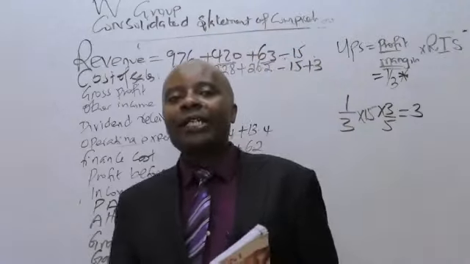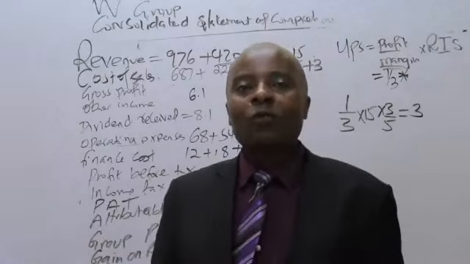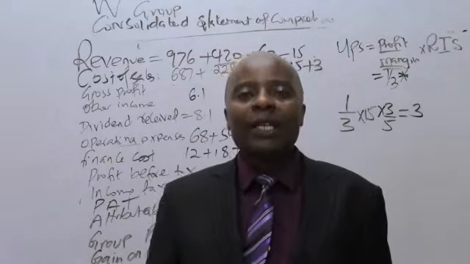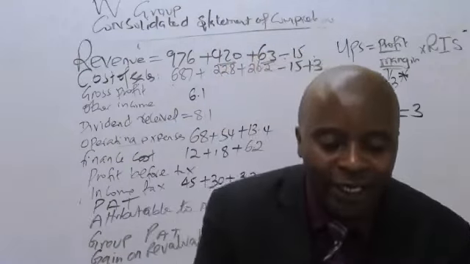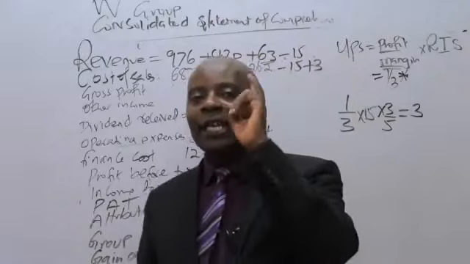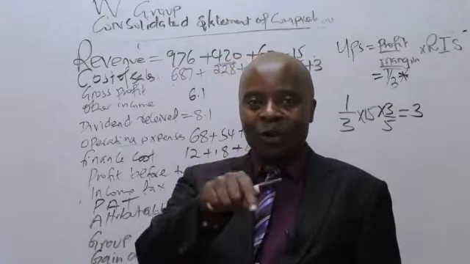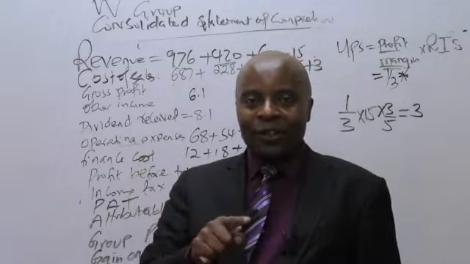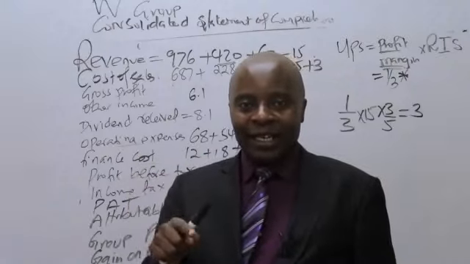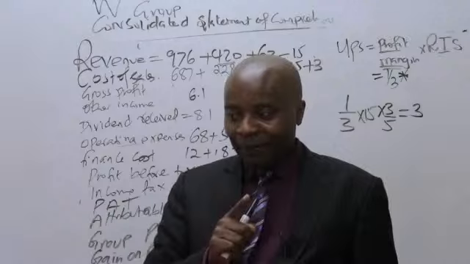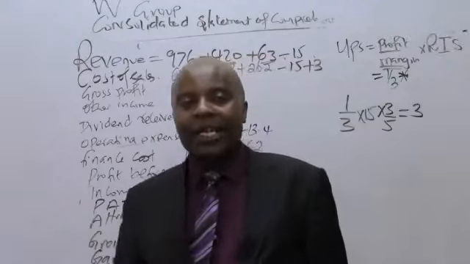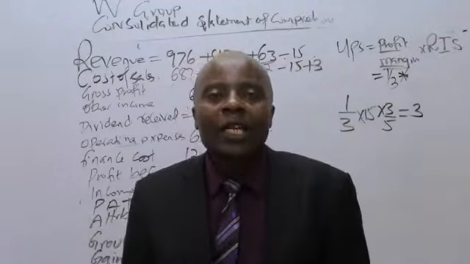So if F declares a dividend of 9 million, then automatically W will get 8.1, because W is an owner of 90% of F. So 90% of that 9 declared gives me 8.1. Now the question is, is that 8.1 a genuine dividend?